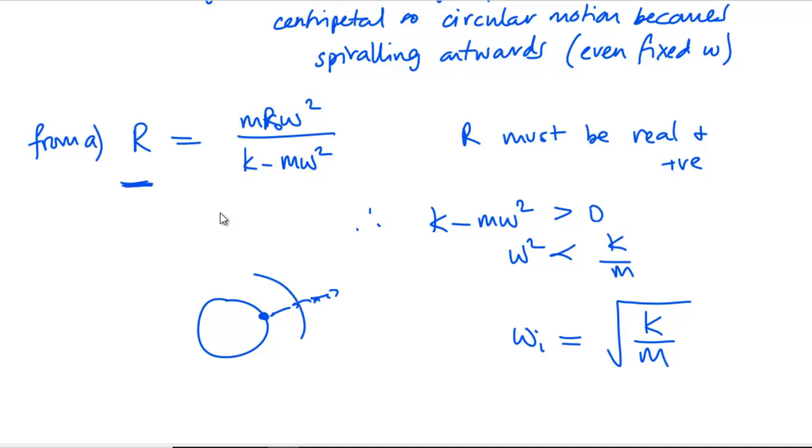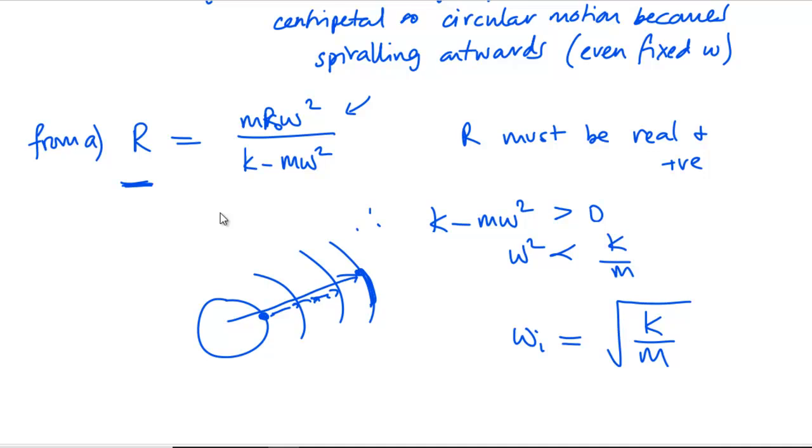As we increase omega, we're going to keep on increasing R. That's fine. As omega goes up, our numerator is going up, our denominator is going down. So we're moving further and further out, but it's still maintaining stable circular motion until eventually the spring snaps.